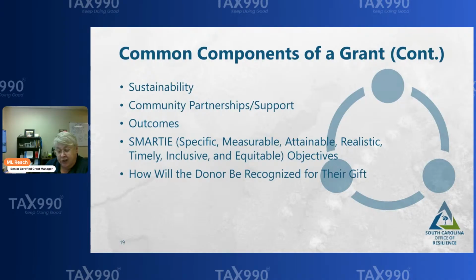But your objectives do have to be specific, not just say we're going to serve all the kids in Richland County, because we know that that's not happening. A better way to measure it is this program will serve an average of 25 elementary and middle school students per week for 5 days a week at a specific location during the grant period.